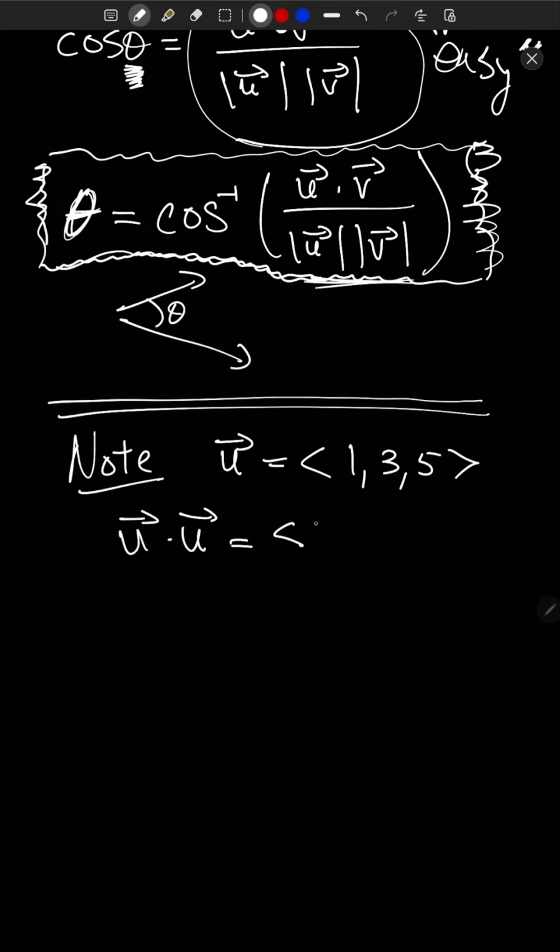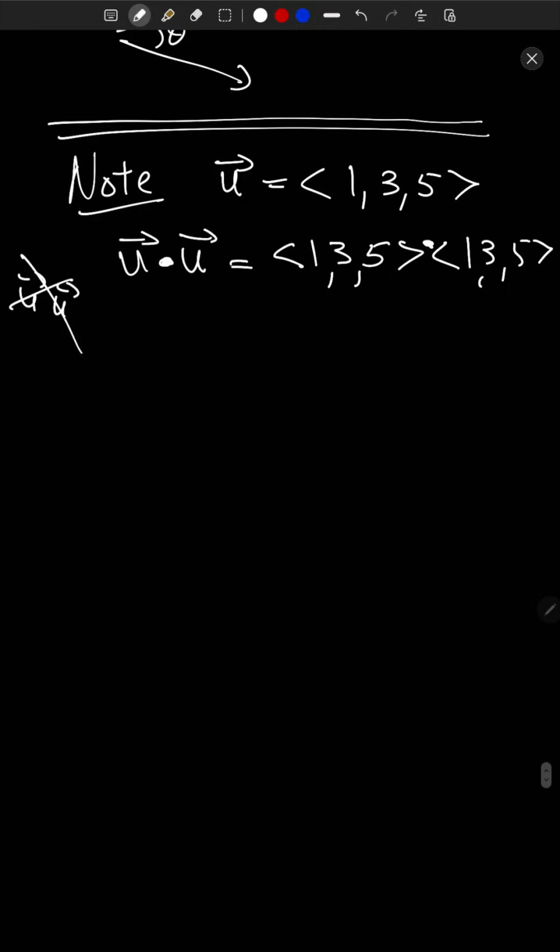That's going to be 1, 3, 5 dot 1, 3, 5. Always put the dot, by the way. Don't just write u u like this. That has no mathematical meaning. So be very disciplined and always put the dot.